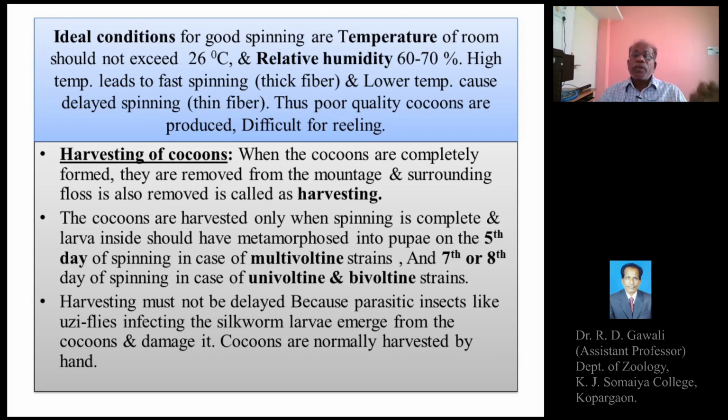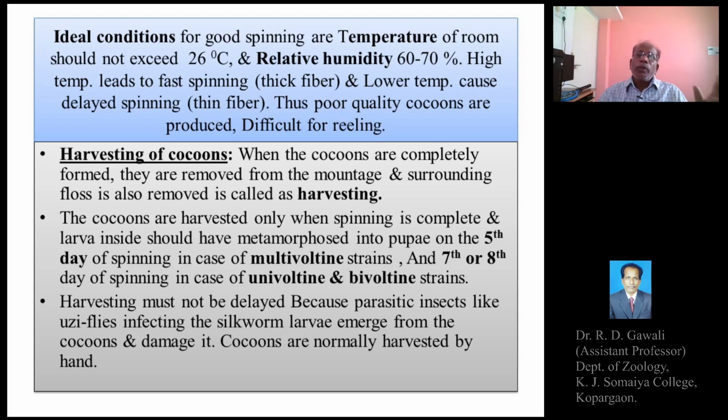Such a pierced cocoon will be rejected because it is difficult to obtain a continuous silk thread from a pierced or cut cocoon. So as to avoid damage of the cocoons by Uji fly larvae, or the emergence of the adult moth from the cocoons, the sericulturist or farmer has to collect the cocoons at a specific time, just after completion of spinning.